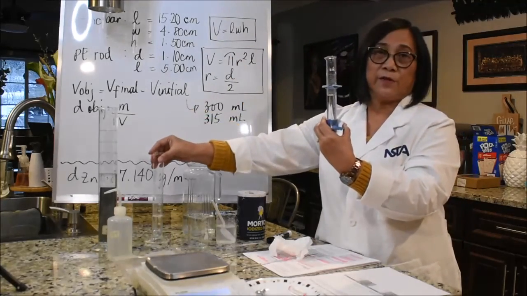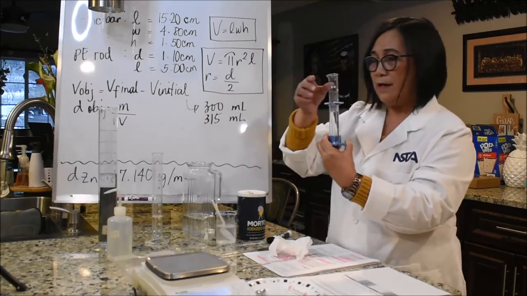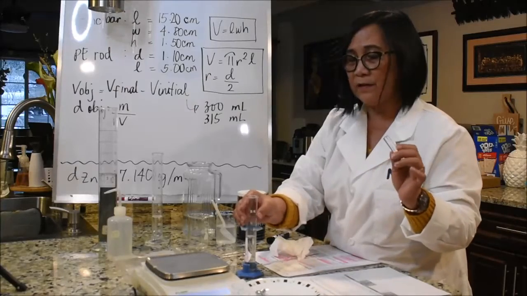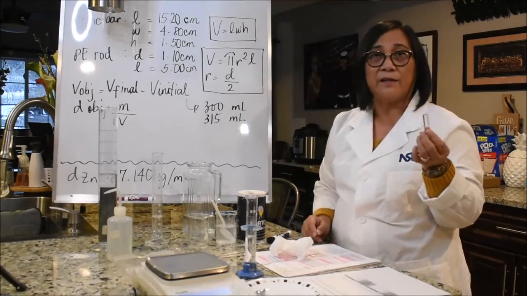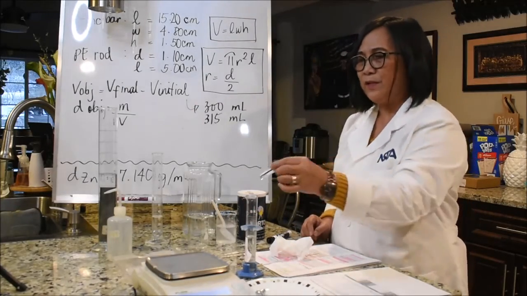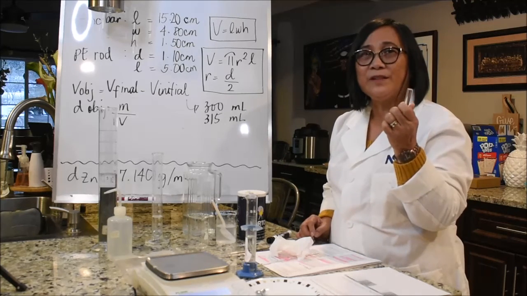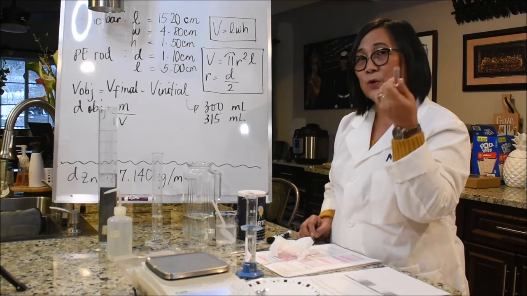I'm also using 30 ml of water as our initial volume. Now, PE is the material that many of our plastic containers are made of. When I put this in the graduated cylinder, what do you think will happen? Will the cylinder float or sink?